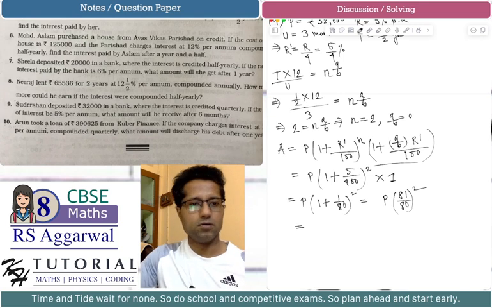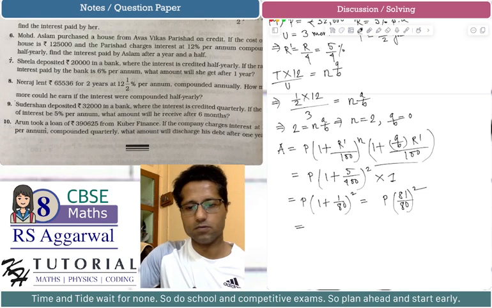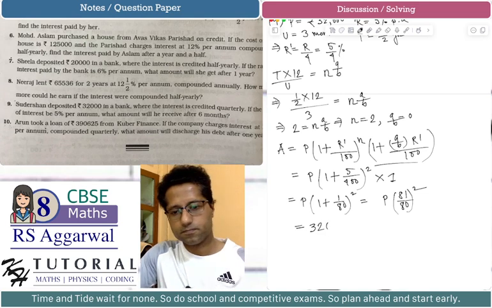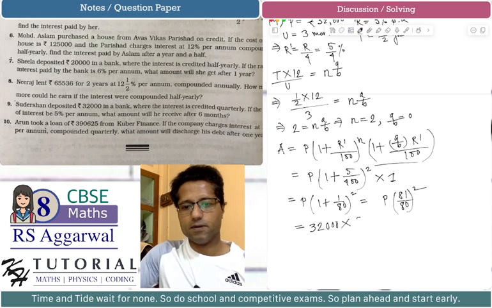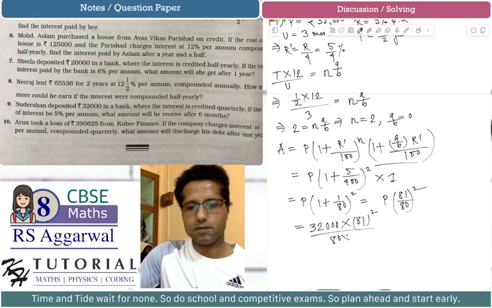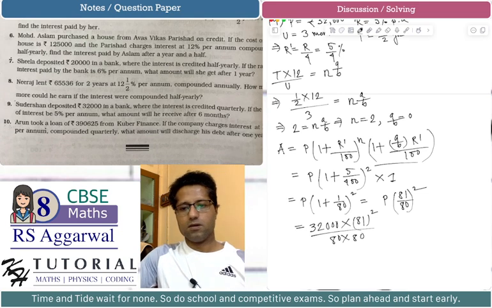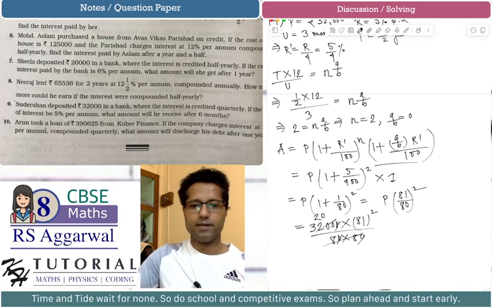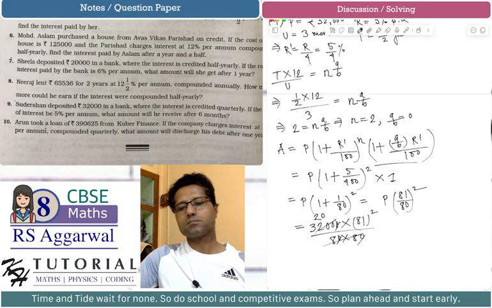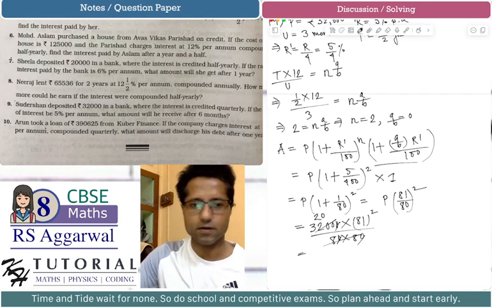This is equal to the amount is 32,000 multiplied by 81 square divided by 80 multiplied by 80. 0 0 cancels out, and so 16 is 2, 0 20. Okay. So 20 multiplied by 81 square.